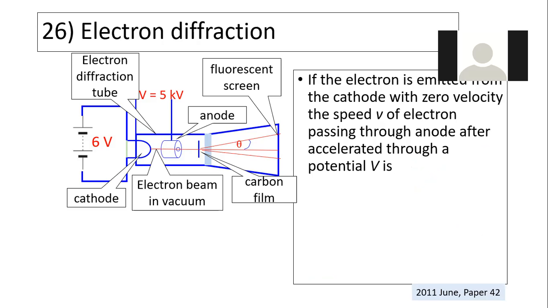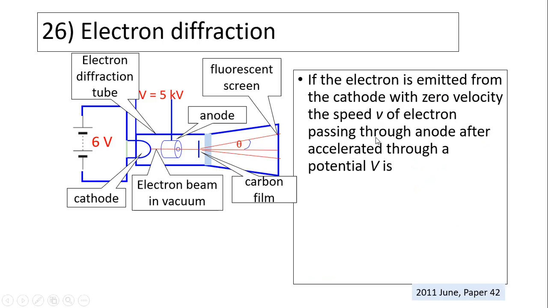If the electron is emitted from the cathode with zero velocity, usually we assume that, then we can do some calculation.